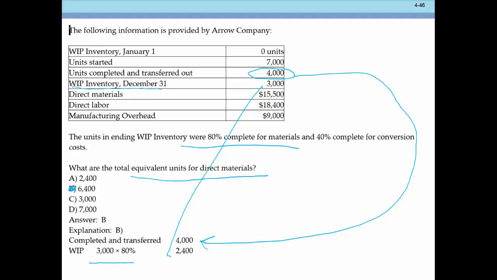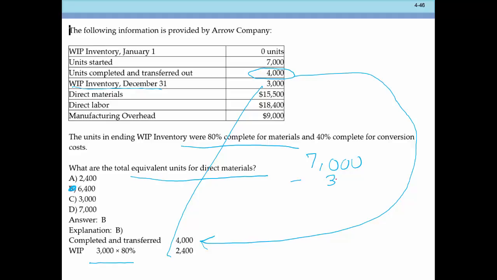What happens if they don't tell me the units that were completed and transferred out? Well, I'll pick up units started, 7,000, and then I see that there's 3,000 units sitting in my ending inventory, right? Are the items in my ending inventory done yet?